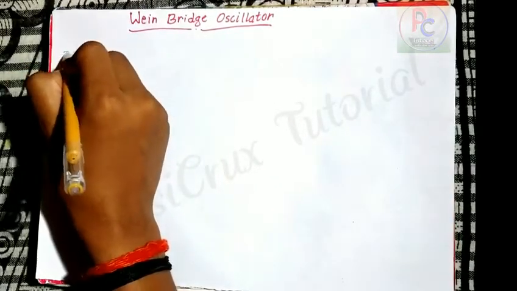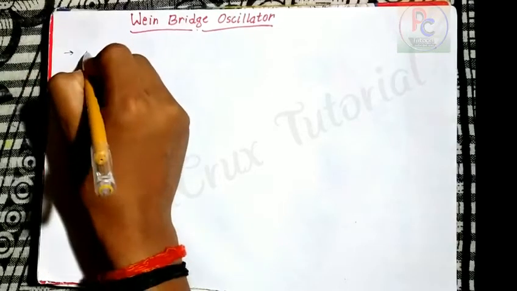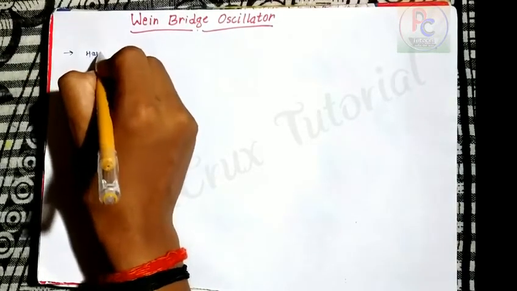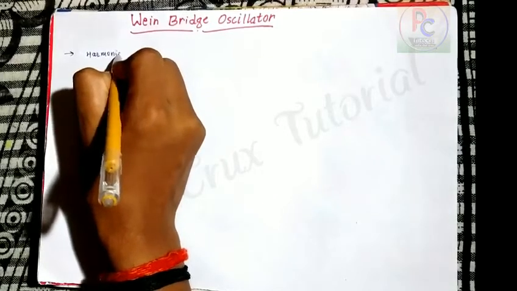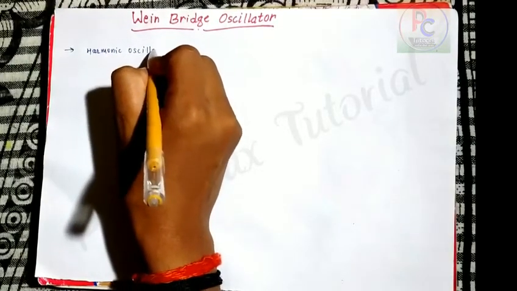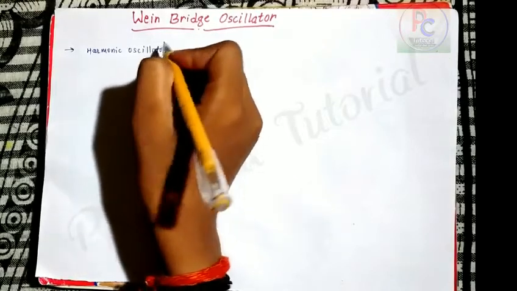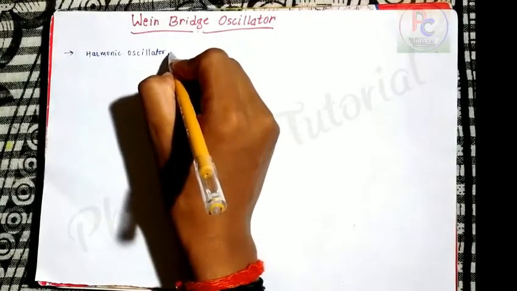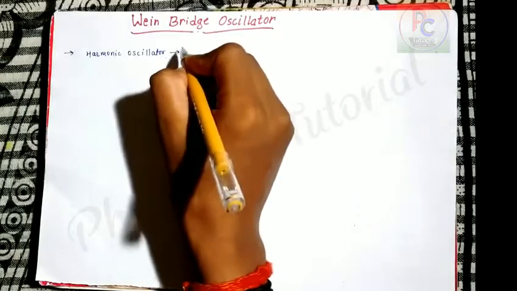So, the Wein-Bridge oscillator is a harmonic oscillator and it produces a sinusoidal signal.